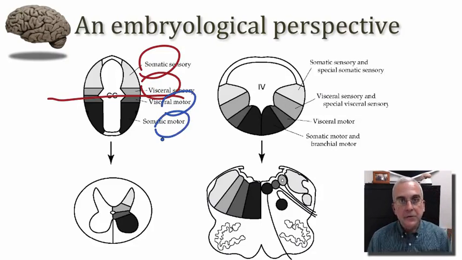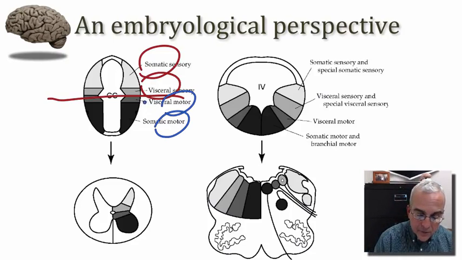And again, there's a systematic organization where the motor neurons that innervate the tissues derived from somites, that is our striated skeletal muscles, are innervated by cells that sit in the more ventral part of this developing neural tube, whereas the motor neurons that are going to supply motor signals to those ganglia that innervate the visceral organs, they come from this more intermediate region right in here.